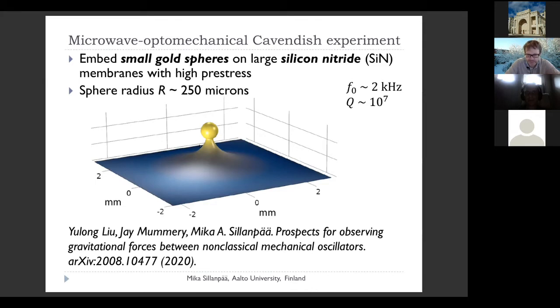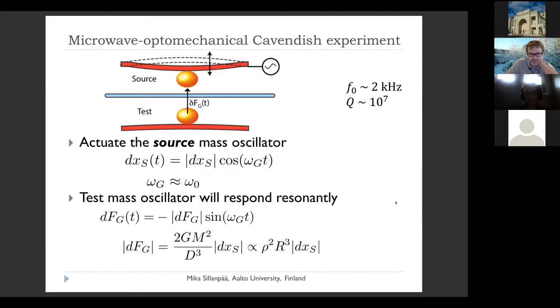The bad thing is that there's a very strong kink in the mode profile there, and that usually leads to increased losses. But we can anyway compute that the Q of this one should be about 10^7, at 2 kilohertz frequency, and this 10^7 is enough to do everything I'm saying.